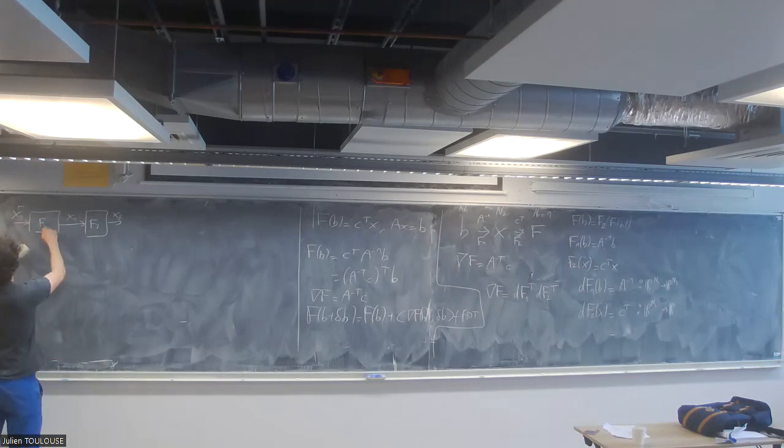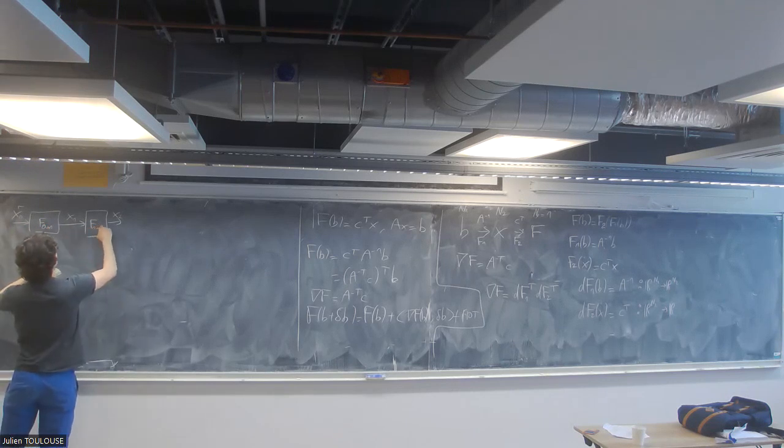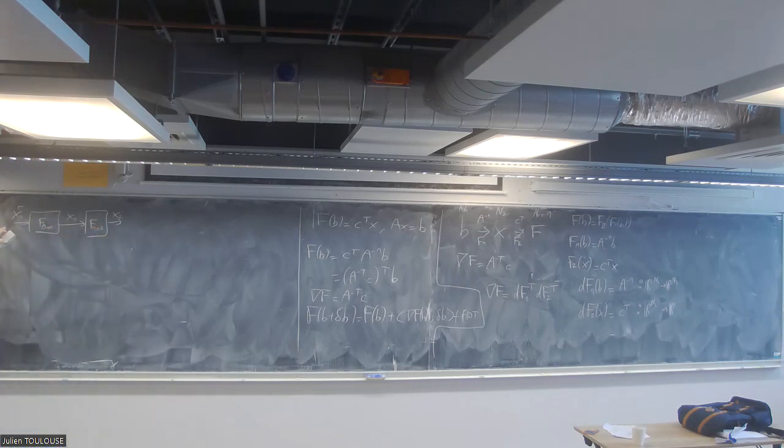Maybe I should be super explicit and write this with arrows. So f0 to 1 is the transformation that maps x0 to x1, just so that I don't get confused with indices.